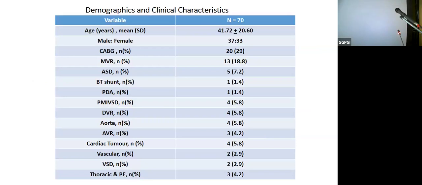So out of 70, mean age was 41. Male to female ratio was 37 to 33. 29% were CABG, 18% were MVR, 7% ASD, and likewise.